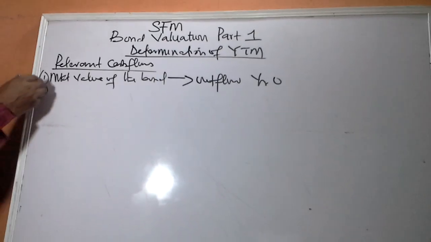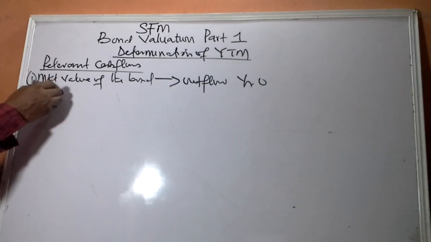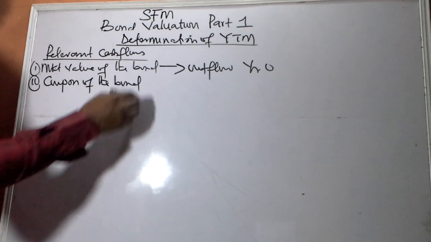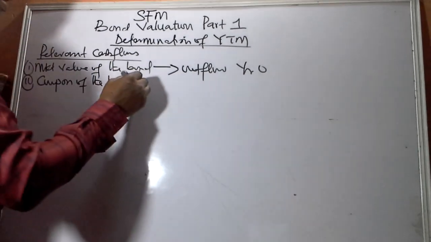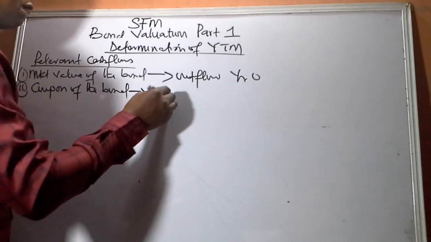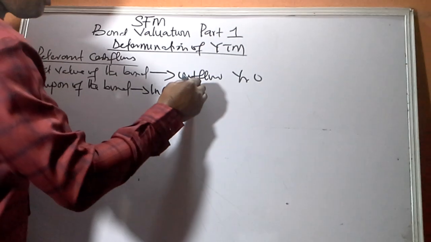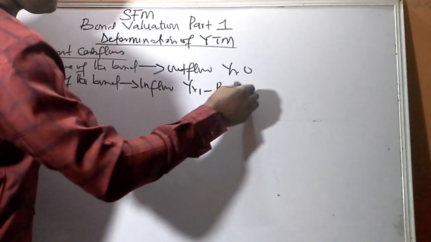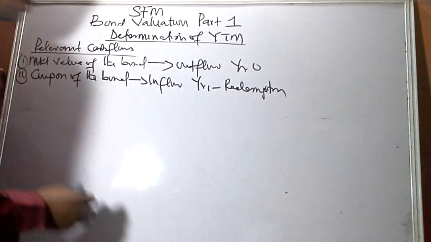2, the coupon of the bond as an inflow. From what? From year 1 to the redemption date.